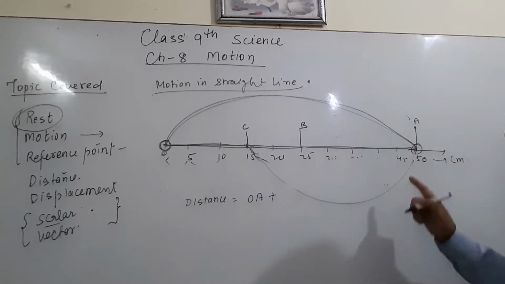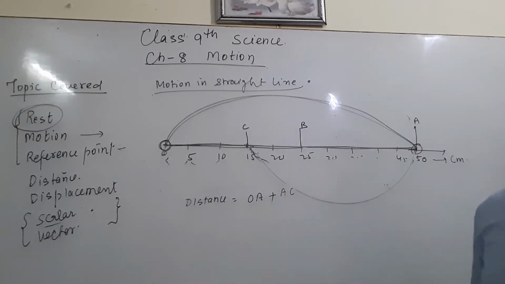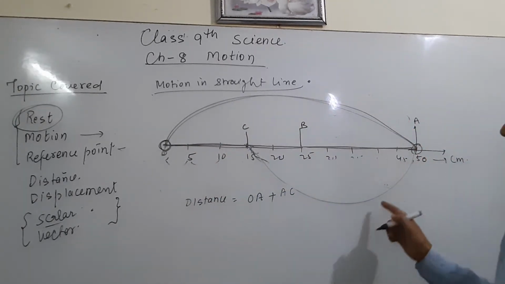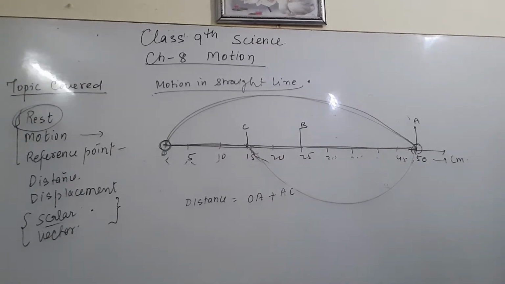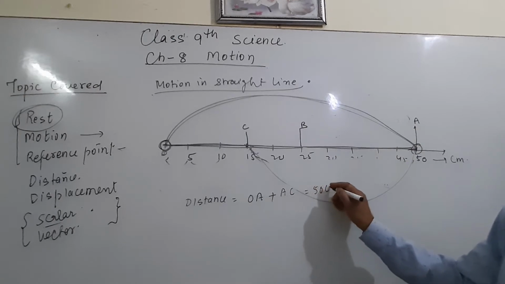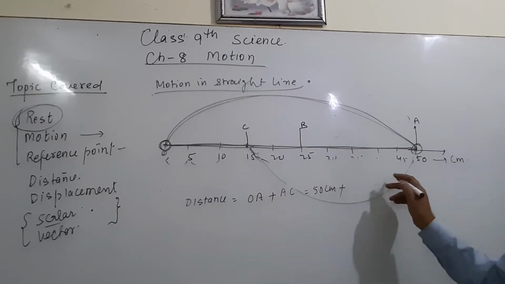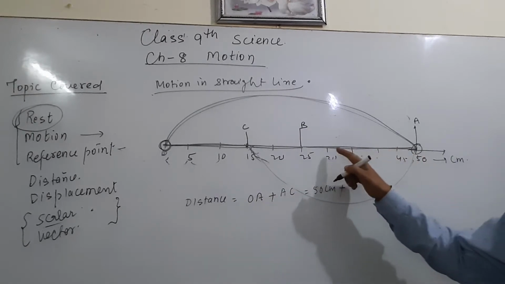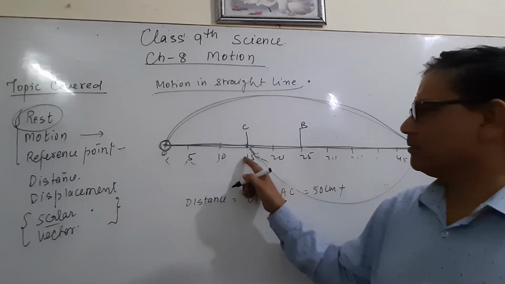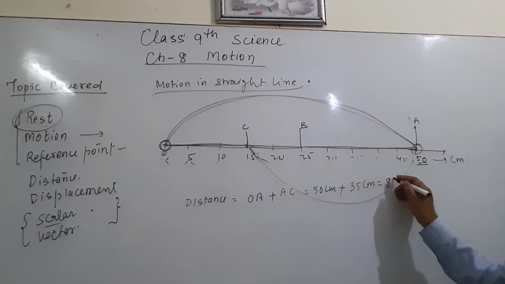Plus, now from A to C. This is also distance. Distance OA and AC. What is the value of OA? 50 centimeter, plus AC, which is 5, 10, 15, 20, 25, 30 and 35, or we can subtract 50 minus 15, so this will be 35 centimeter, which makes 85 centimeter.